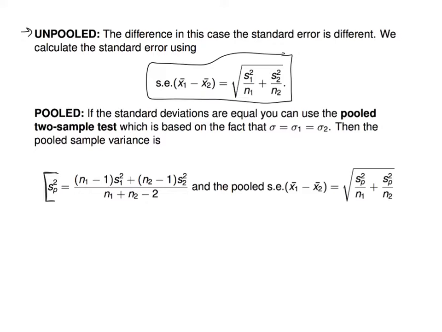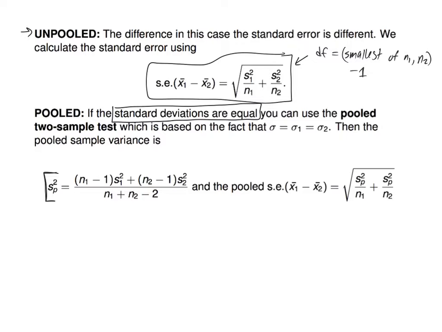In this case, how do you find the degrees of freedom? It's the smallest of N1, N2 minus 1, okay? So for that first case, in that unpooled situation, you look at the N1 and N2 and say, who's the smallest? And then you do one less than that smallest number, okay?